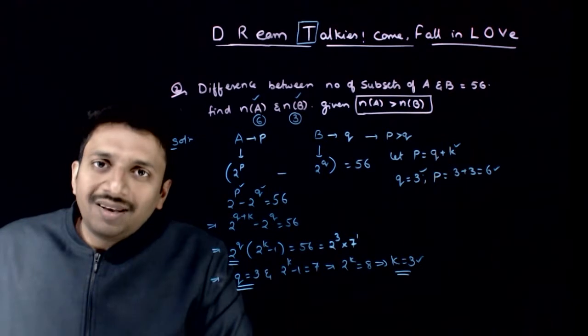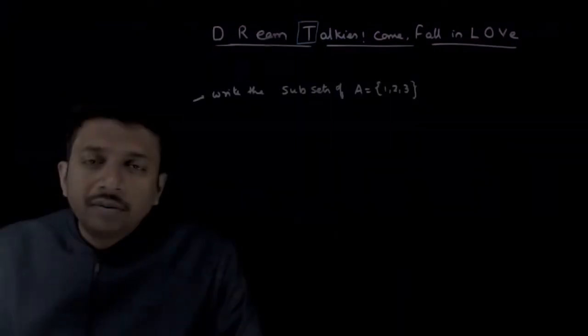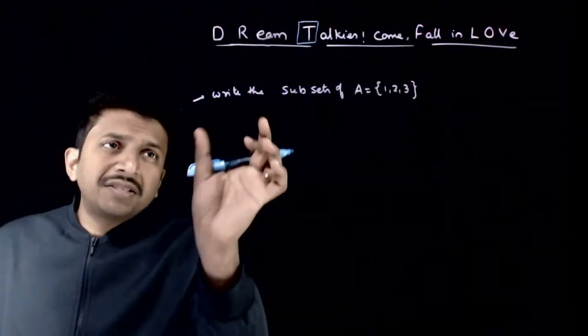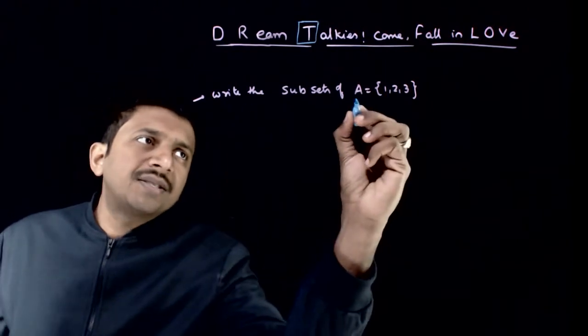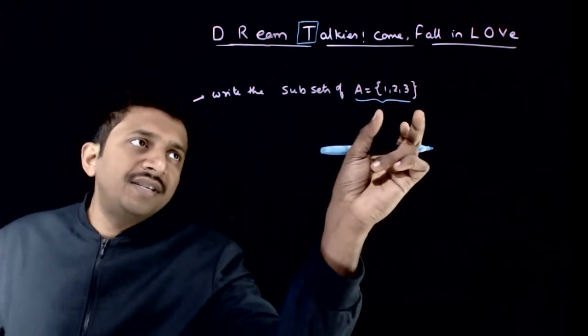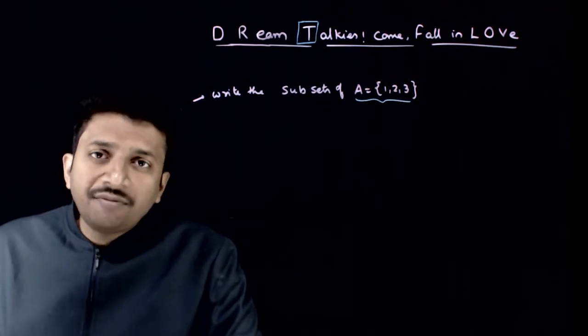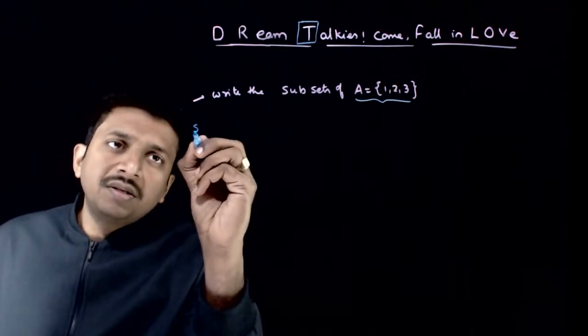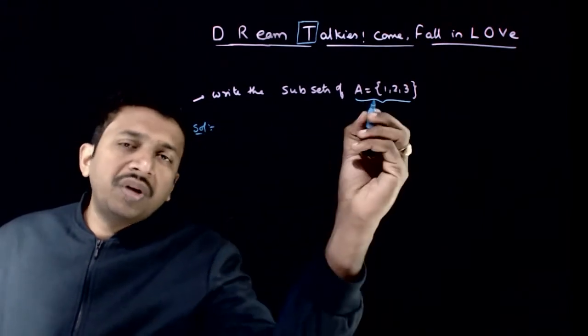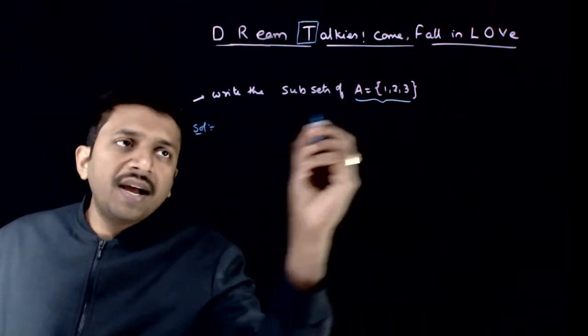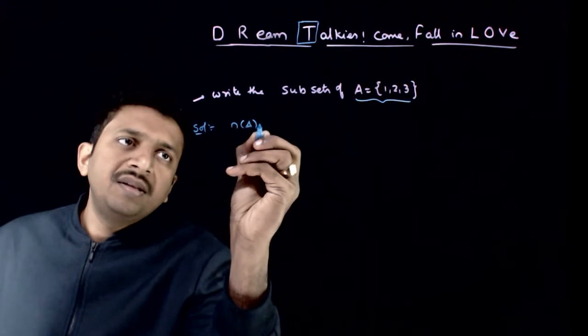So now let us go to the next type of questions. So now let us look at this question. Write the subsets of the set A, which is the set containing 1, 2 and 3. A very straightforward question. So how do I do this? We can very clearly see that A contains 3 elements.